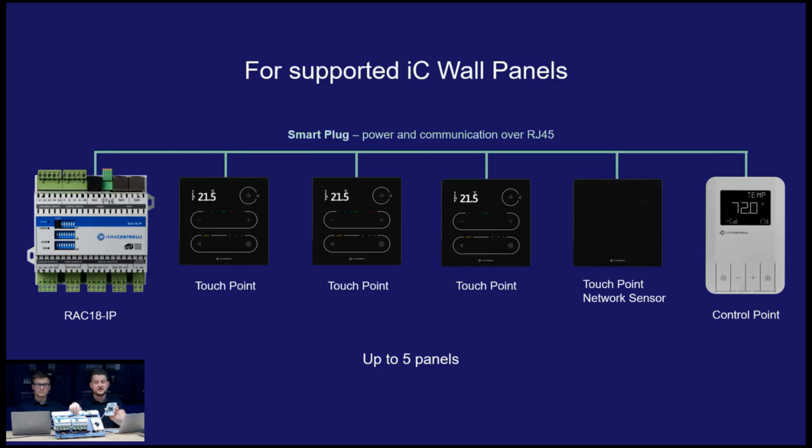So this is not IP connectivity, this is not PoE, this is actually our smart plug technology that powers up and shares BACnet MSTP and Modbus RTU. If we disconnect this cable that is directly connected to the RAC18, the panel will switch off. But once the cable is connected, it is powered and starts the communication directly with the controller. And it can go back on the wall.